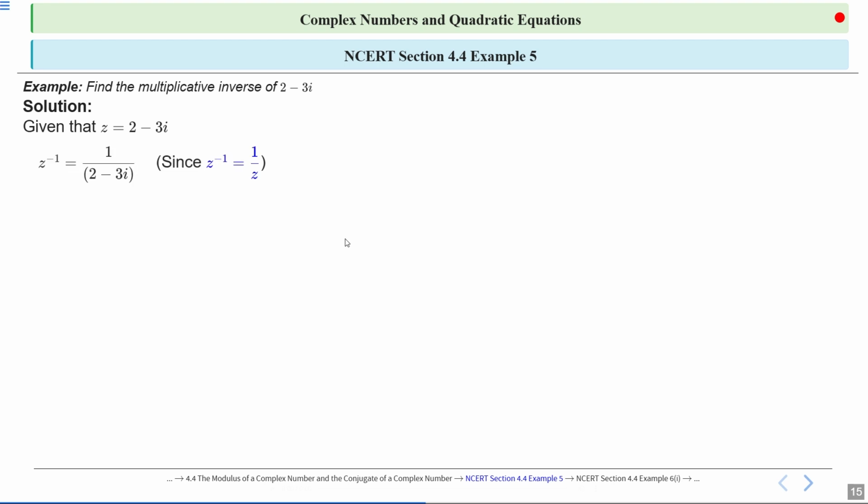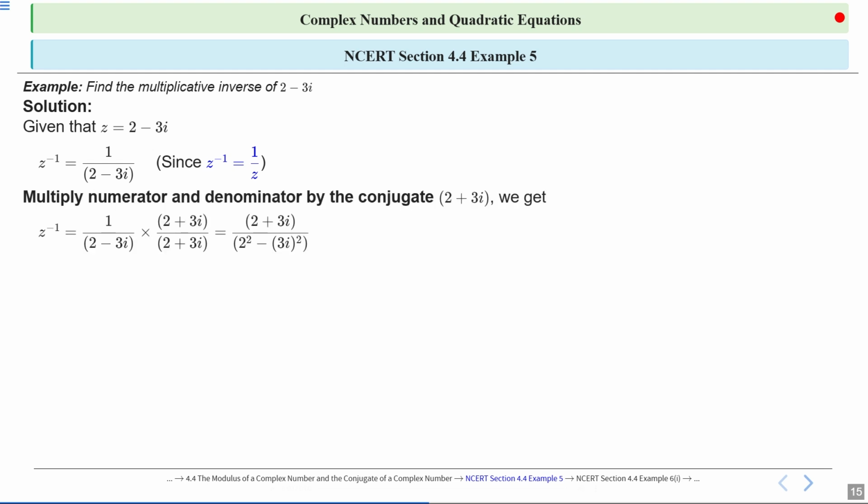To find the multiplicative inverse, we use the formula z inverse equals 1 divided by z. So z inverse equals 1 over 2 minus 3 iota. Now to simplify 1 over 2 minus 3 iota, we multiply both the numerator and denominator by the conjugate of the denominator, which is 2 plus 3 iota.